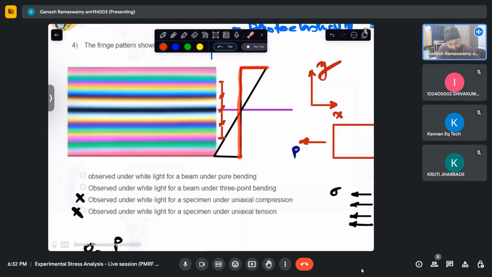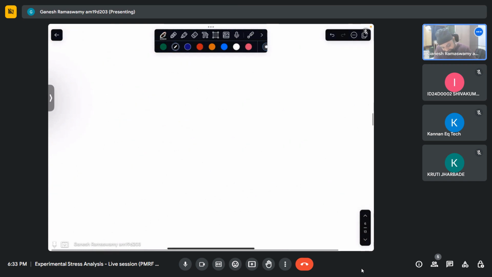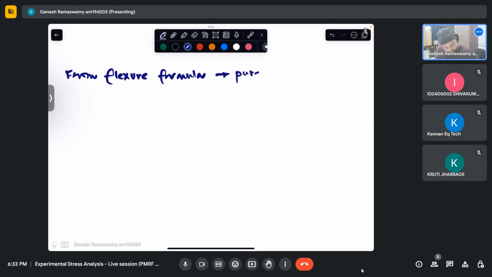So when will there be a linear variation? When the thing is under pure bending. Because from our flexure formula, which is derived for a case of pure bending, what do we know?